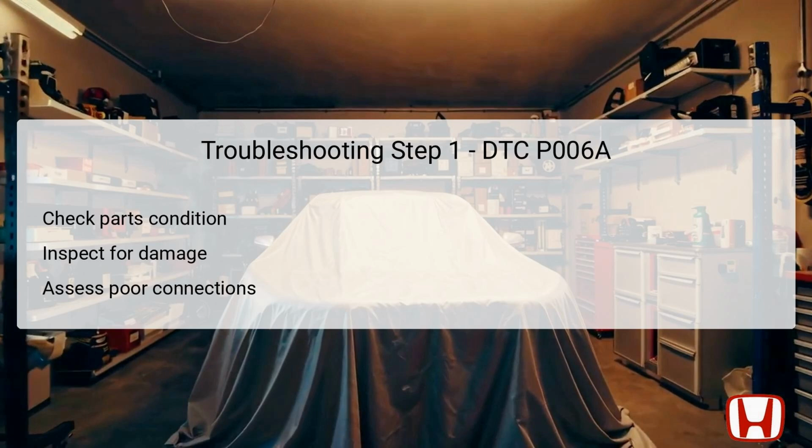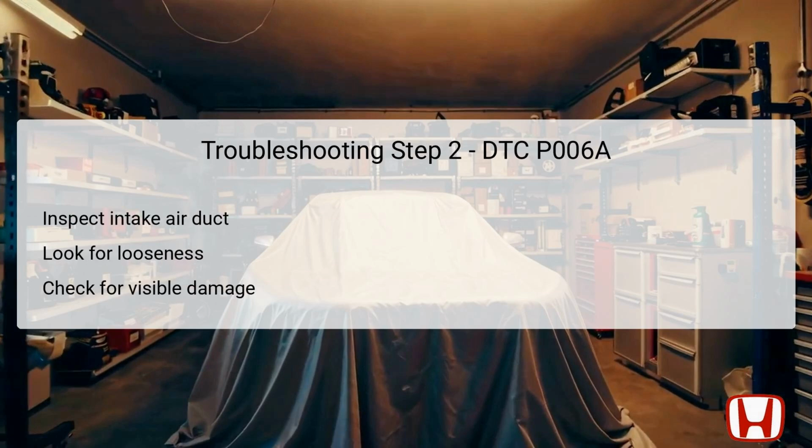Pay special attention to areas where wear and tear, moisture, or exposure to heat might have caused issues. If you find any damaged parts or loose connections, replace or repair them as needed. If everything appears intact and operational, proceed to the next troubleshooting step. Addressing these foundational issues is crucial, as they can have a cascading effect on the performance of the MAF sensor.